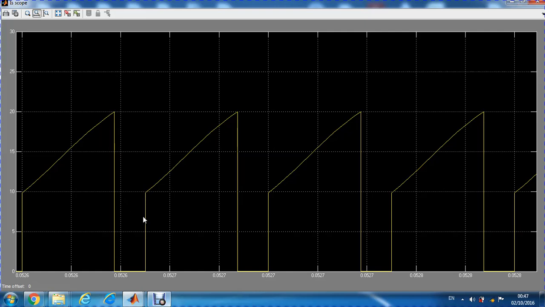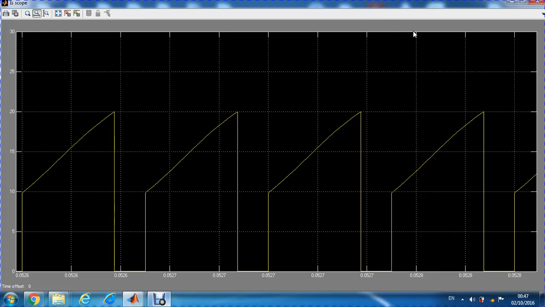That means the supply doesn't pass any current to the load, which is normal to see with this kind of waveform, whereas the only part that is conducting and drawing current from the power supply or the source is that part, the interval that is the time on, which is 75%, whereas it's 0 on that part.